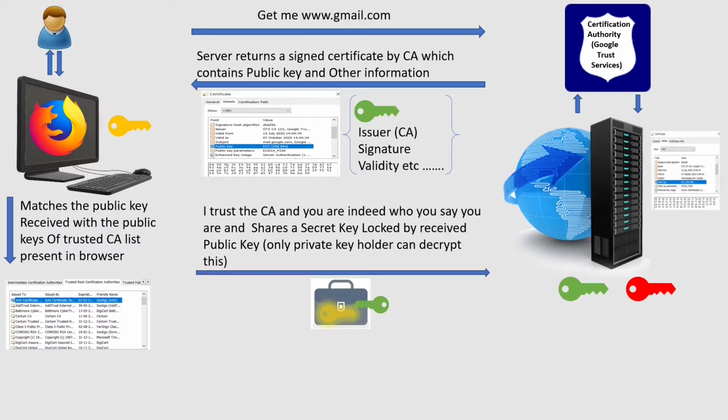When the web server receives this shared key encrypted by the public key, it is unlocked using the private key. The only private key holder here is the web server. So the web server unlocks it and gets the shared key. Now the web server has the shared key and the web browser has the shared key, no one else.